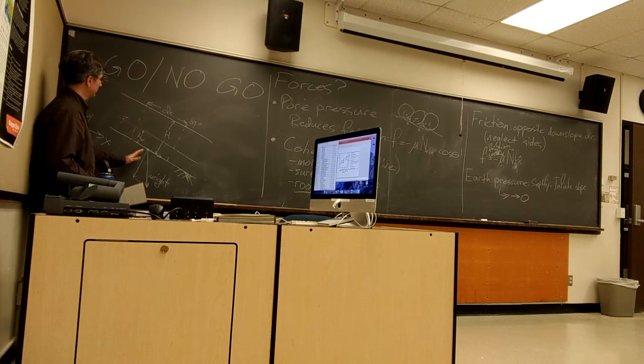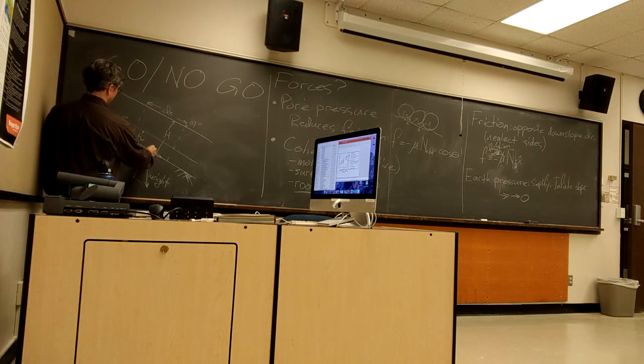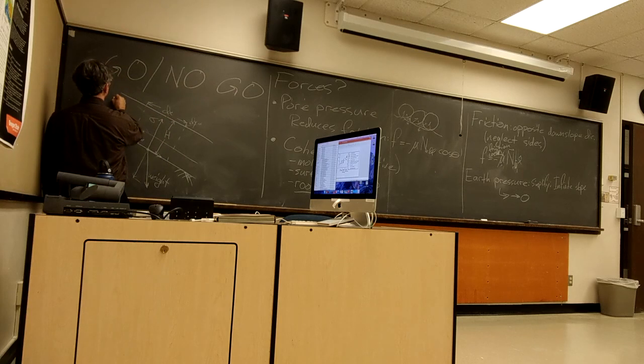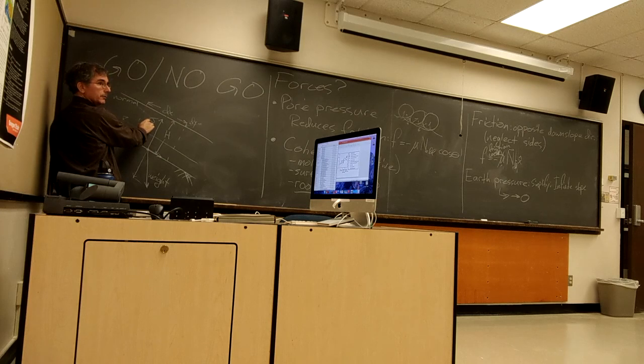And now instead of a normal force, I have a normal stress that acts opposite and equal to that component of the gravity. And that is represented almost always by a lowercase Greek sigma.